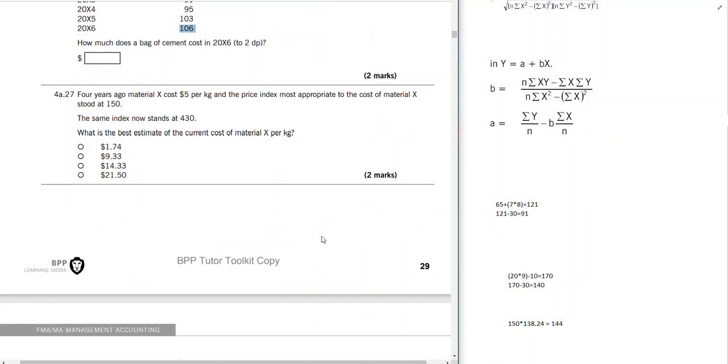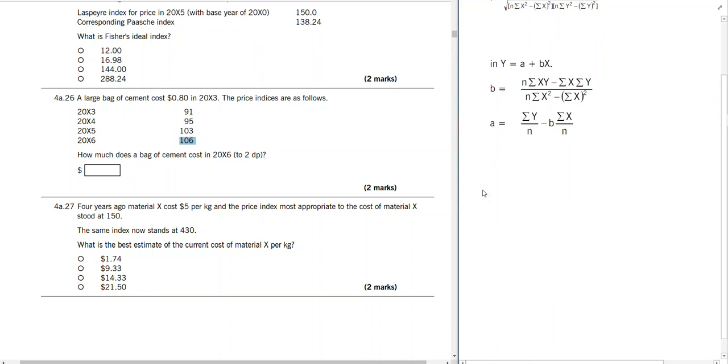So in 2013 it cost 80 cents and the index was 91 there, and now it is 106. So that means it cost 93.19. So we have multiplied by the index of 2016 divided by the index of 2013.